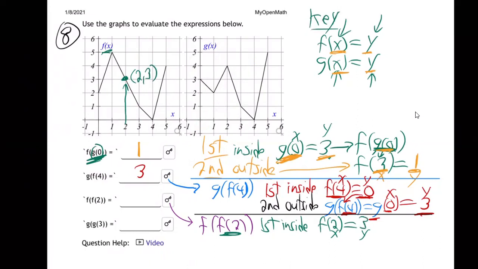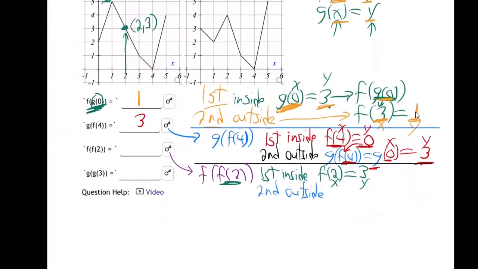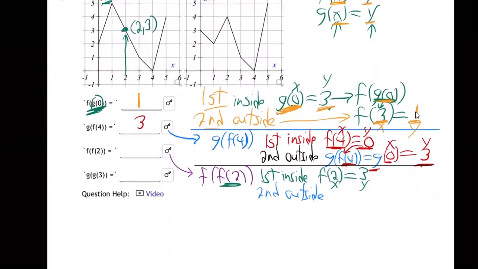And then second, go to the outside. What was the original function here? It was F of F of 2. So F of 2 has become 3. So this whole F of 2 is now 3.